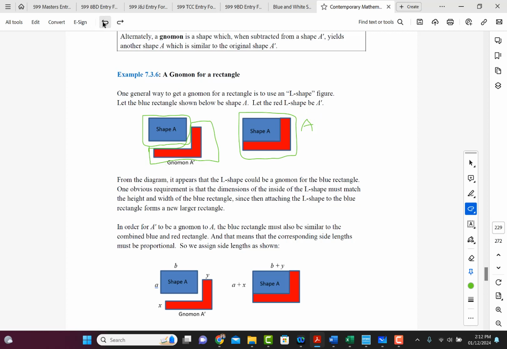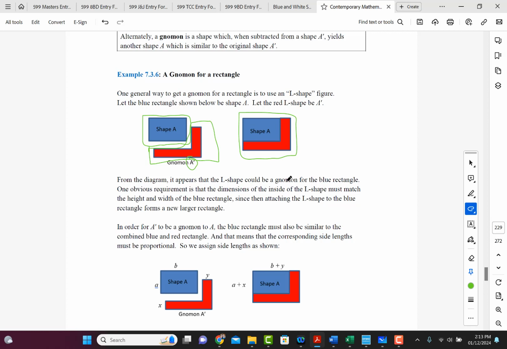Never mind, let me take that out. They're going to call this shape A prime. But when you put A prime and A together, you get another rectangle that is similar in shape to rectangle A.